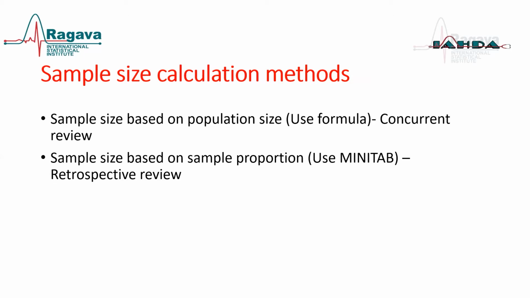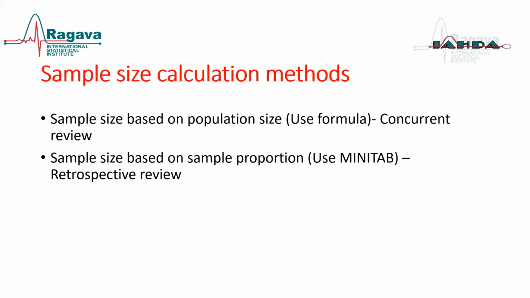As per statistics, even as per Minitab, if you are going to calculate sample size for concurrent review, we should use some formula. Still, there is no option in Minitab, so we cannot use Minitab for concurrent review. Sometimes we can use it, but this is not appropriate. If you want to calculate sample size for concurrent review, use the formula.